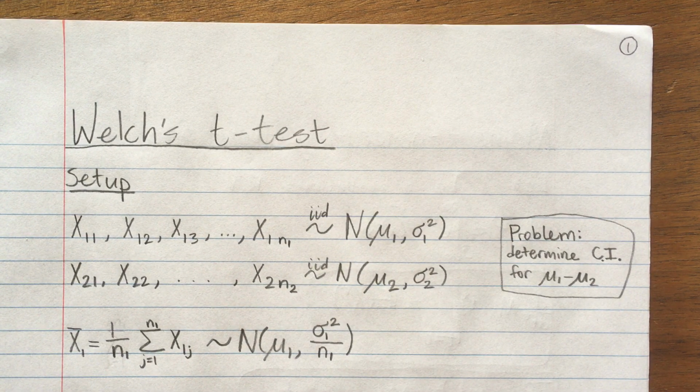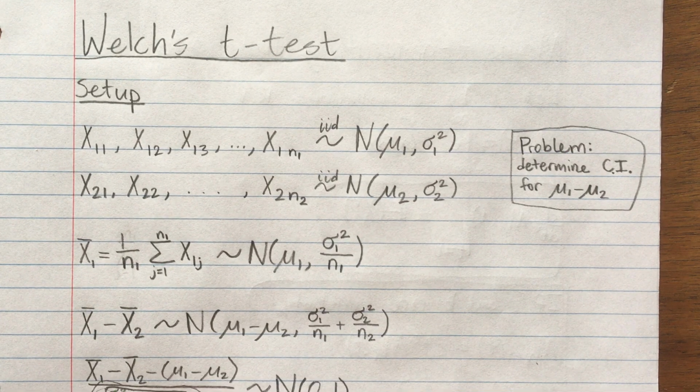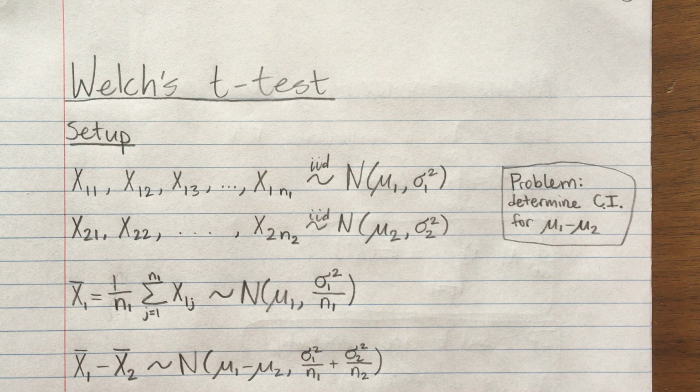We know that the sample mean follows a normal distribution with mean mu1 and variance sigma 1 squared over n1. The distribution of x1 bar minus x2 bar follows a normal distribution with mean mu1 minus mu2 and variance equal to the sum of the variances of each sample mean.